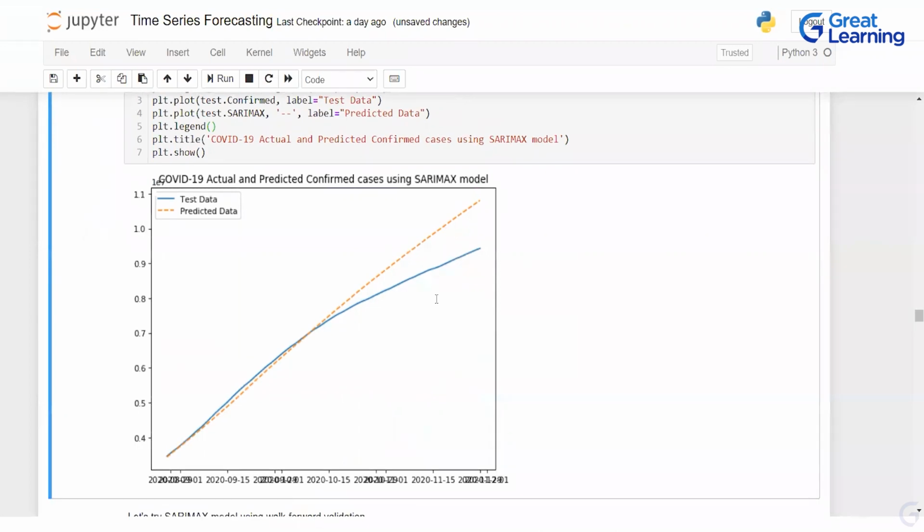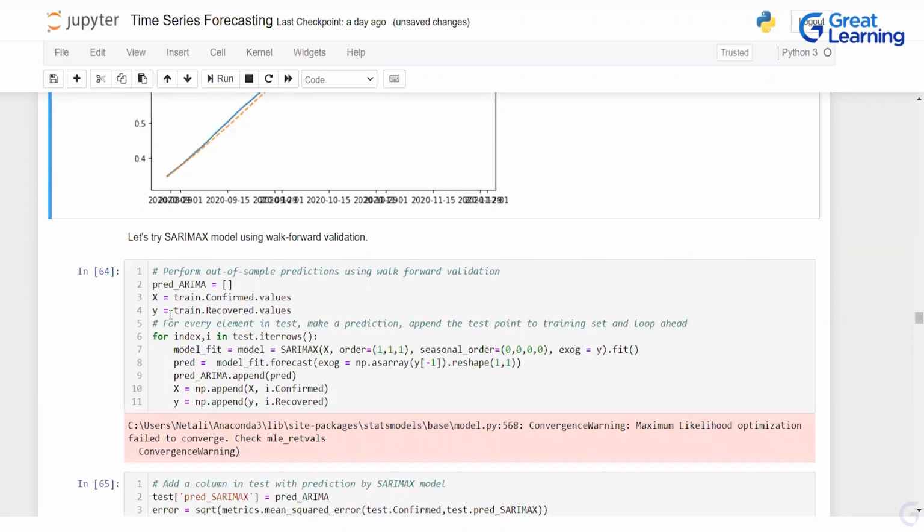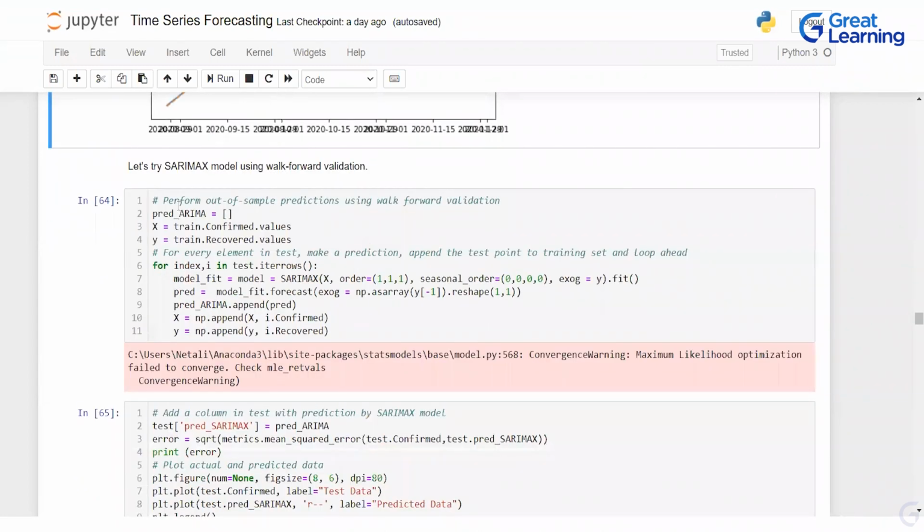Now, what I'm doing over here is performing a complete out of sample prediction using walk forward validation, meaning on the sample which I have kept separately. Again, I'm passing exogenous as Y. You can also create a list over here and pass it to exogenous.